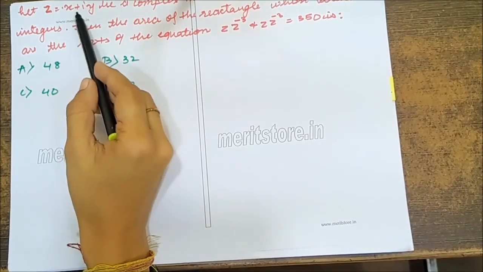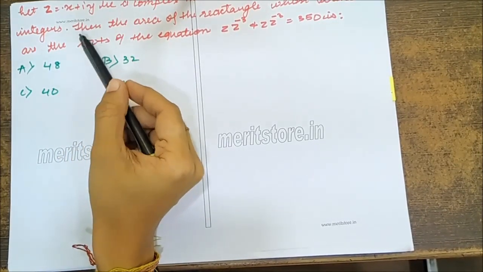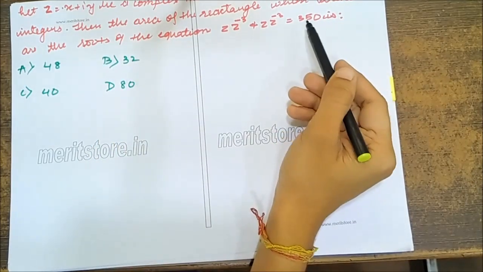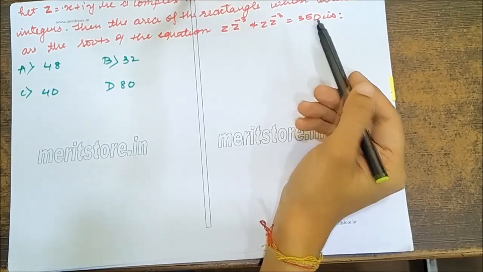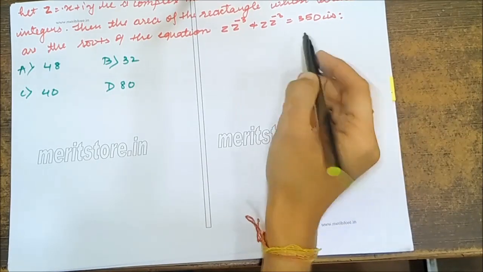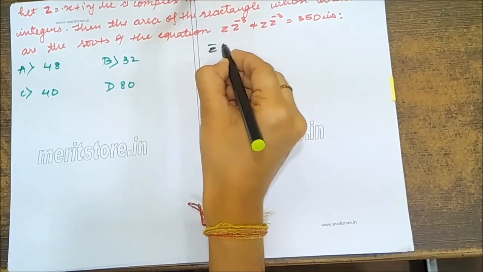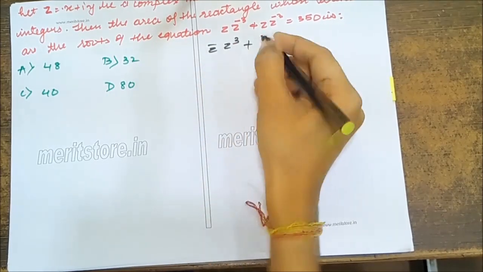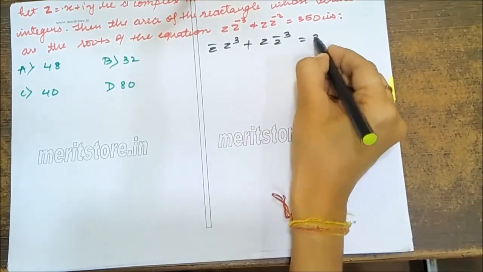Let z be equal to x plus yi be a complex number where x and y are integers. Then the area of the rectangle whose vertices are the roots of the equation z raised to minus 3 plus z bar raised to minus 3 is equal to 350. Okay, so modulus of z cube plus z bar modulus z cube is equal to 350.